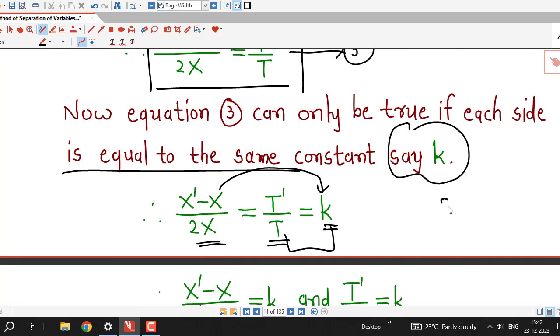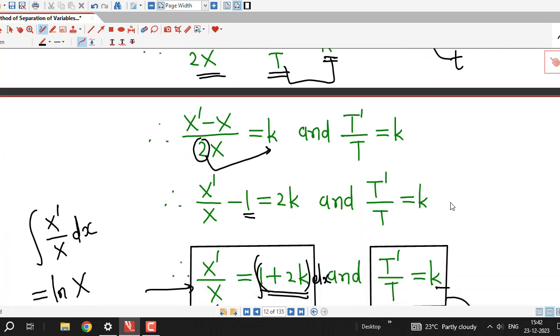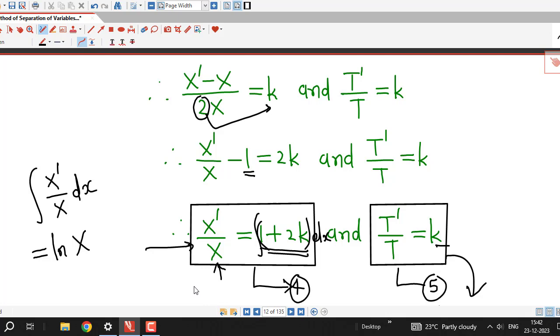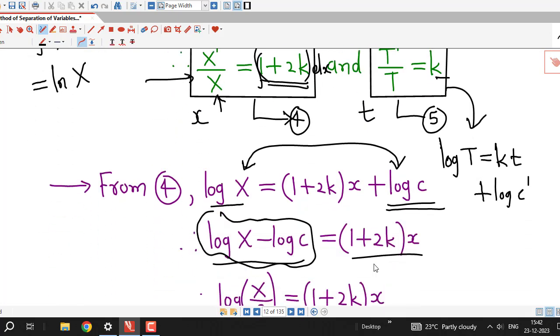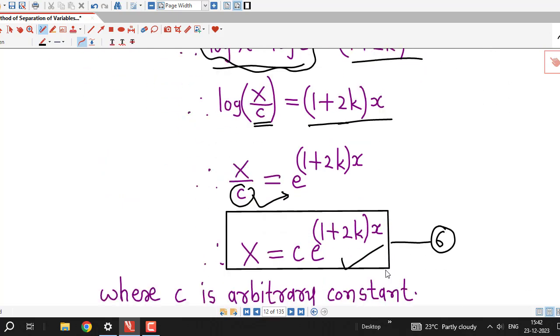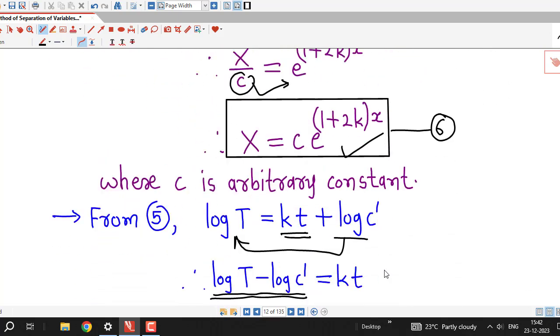Here I have two independent variables x and t, so I obtain two ordinary differential equations, in variable x and in variable t, and that we can easily solve using the methods of ordinary differential equations.